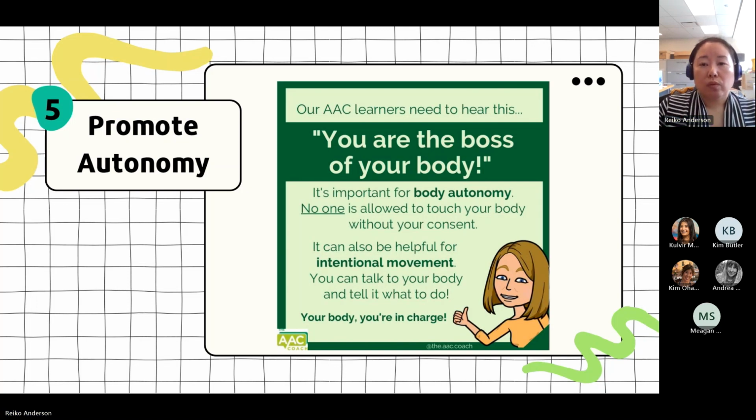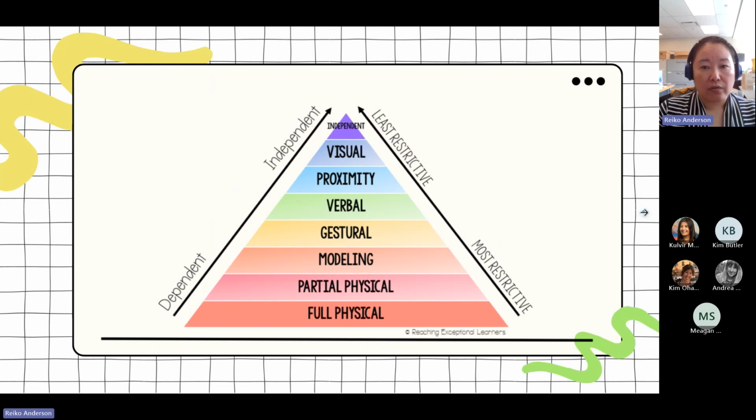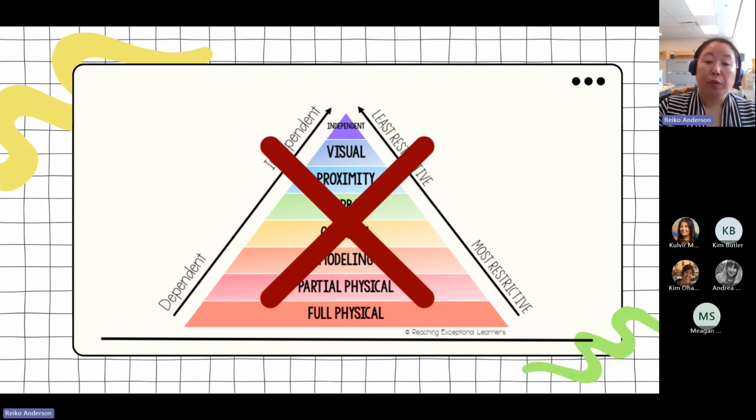It used to be that we would talk about this kind of prompt hierarchy where we're providing full physical support and then partial physical support and moving on from there. But we're not talking about this kind of hierarchy anymore. Or I should actually say, autistic people are wanting us to not talk about this hierarchy anymore.